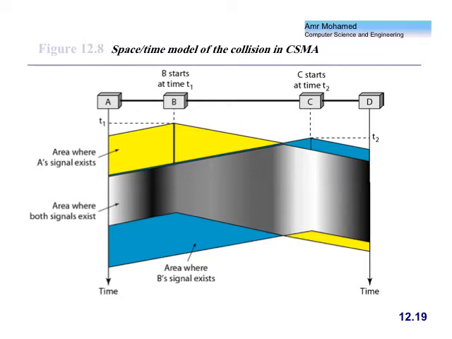So the question is, even with slotted Aloha, the maximum efficiency or throughput that I can get is only 36%, which is really low.